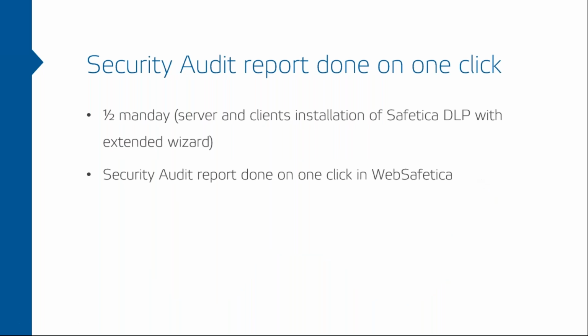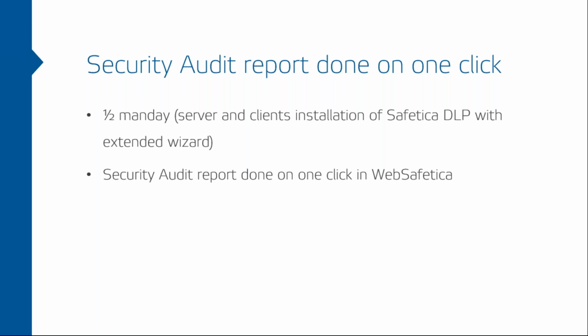One thing which is commonly related to doing proof of concept or security audit is that it might take some time to create a report, create all the charts, create the file, write recommendations, and so on. But with the new version, this is just a one-click operation. Safetica will automatically generate the security audit report.